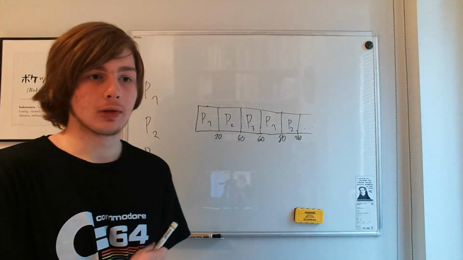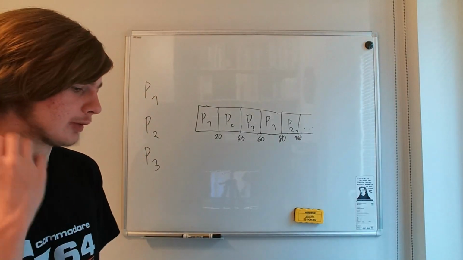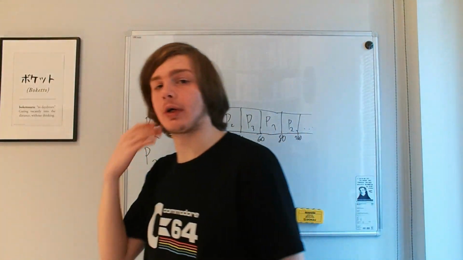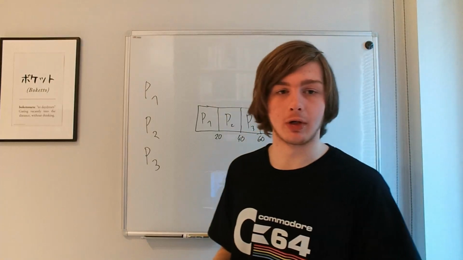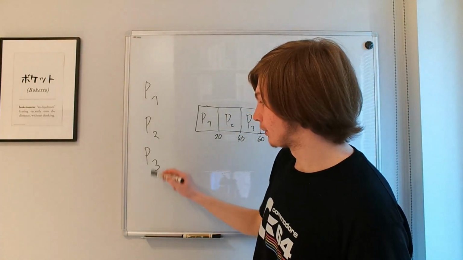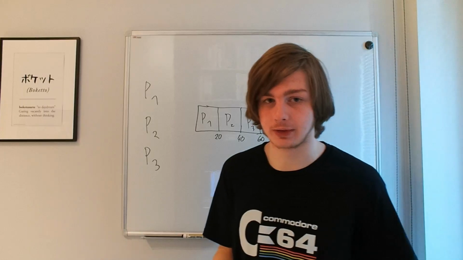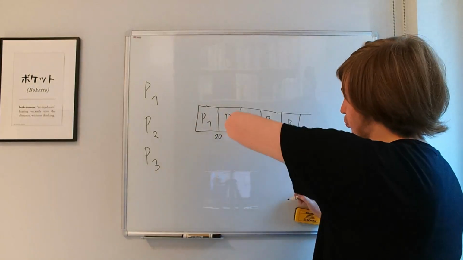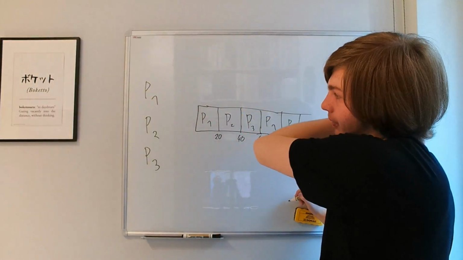So you do P1, P2, P3, P1, P2, P3, and so on. If something new enters the system, there's a new task introduced by the long-term scheduler, then it just gets pushed to the back of this usually. So you just perform this, right?